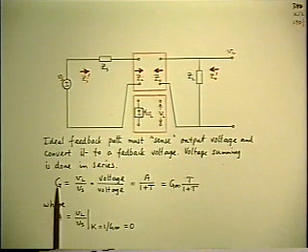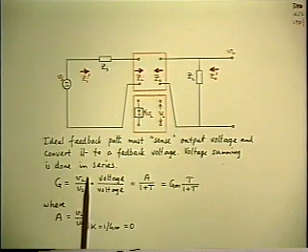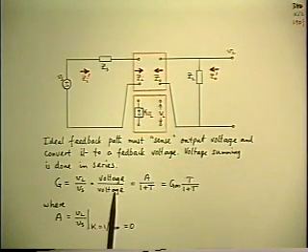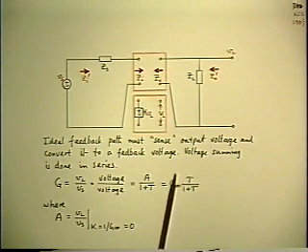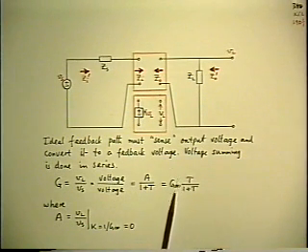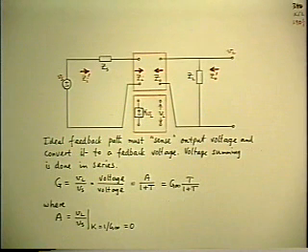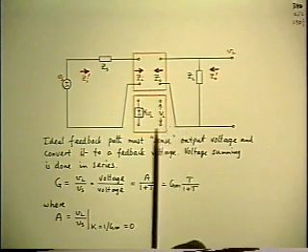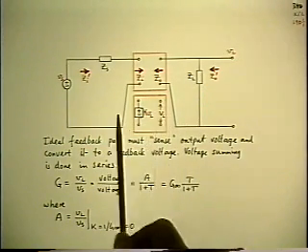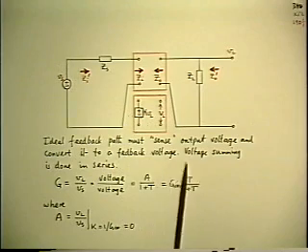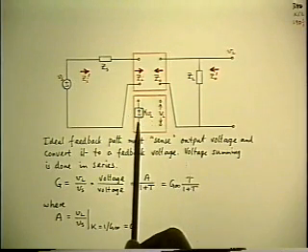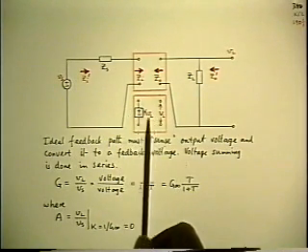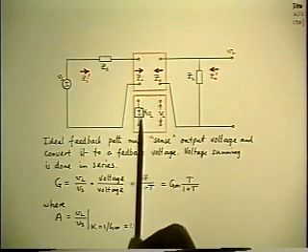We want the closed-loop gain to be in the form of a voltage over a voltage, which means the G infinity must have the same dimensions. The G infinity must be a voltage over a voltage as well. That means the feedback path, which is K, is the reciprocal of G infinity, so K must be the reciprocal voltage over voltage.